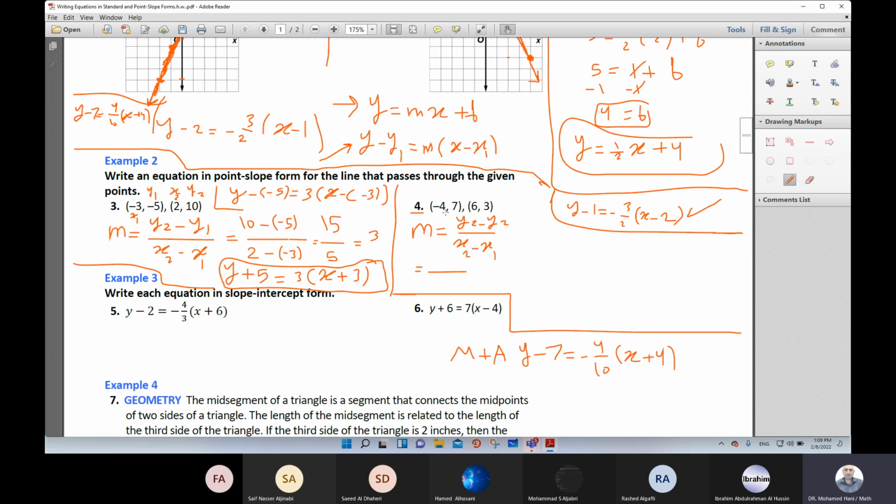We can choose the first point as x1, y1, here x1 and here y1, and here x2 and here y2. So y2 means 3, minus y1 means 7, then x2 means 6, minus x1 negative 4.